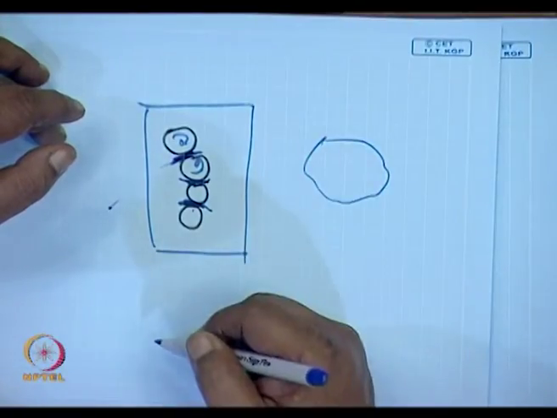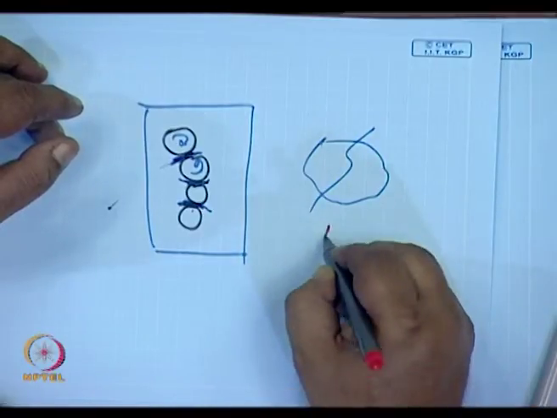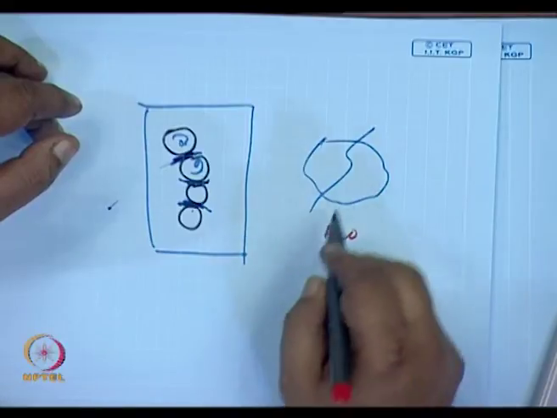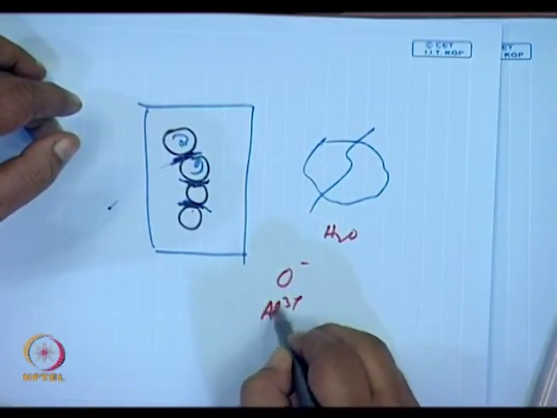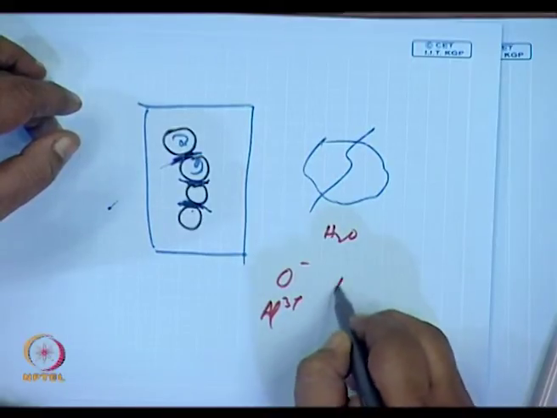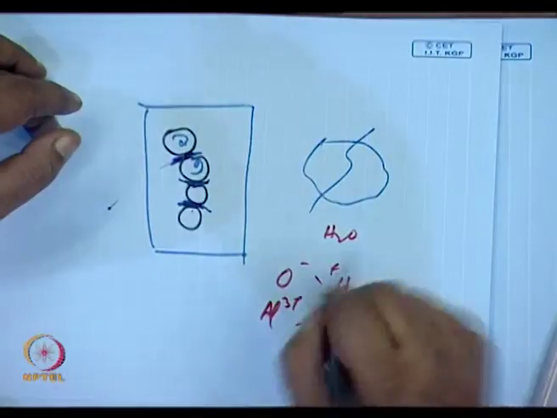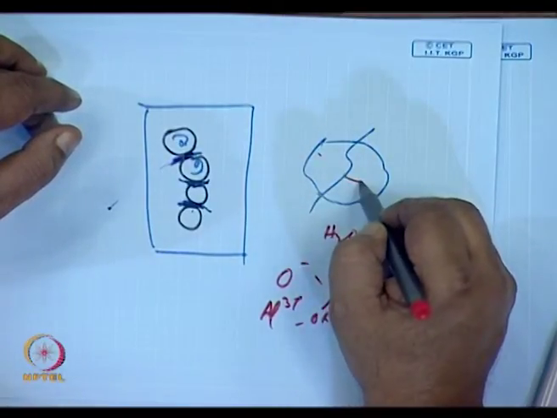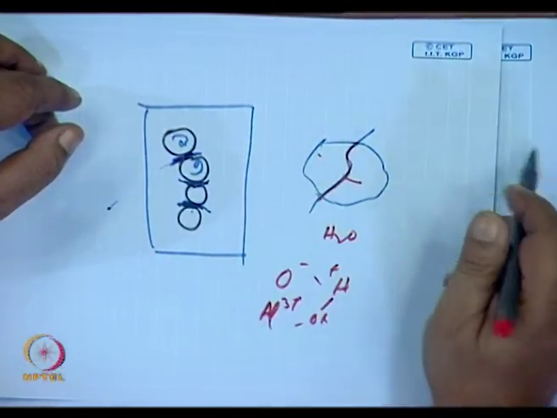If this was the alumina grain, it had fractured, and there was H2O over here. The surface of the alumina is either O minus or Al3 plus, a superb site for hydrogen bonding. So, what was happening is the grain would fracture and would again get sealed up with a thin layer of water.